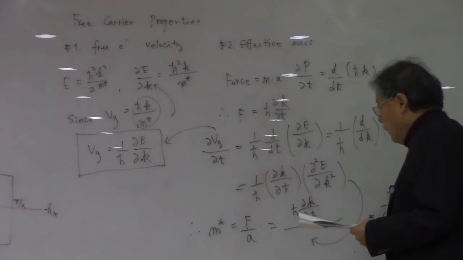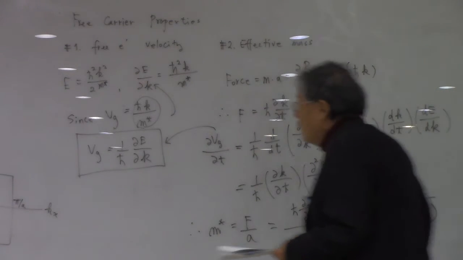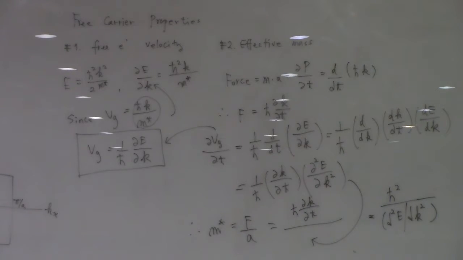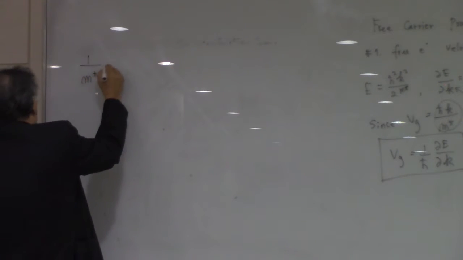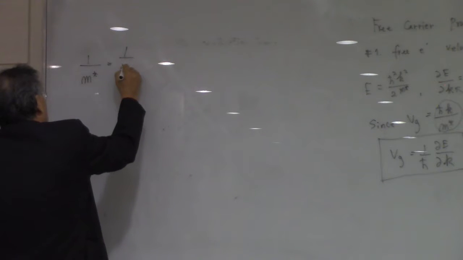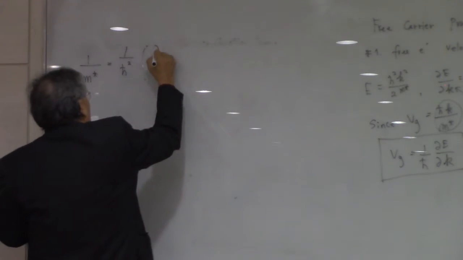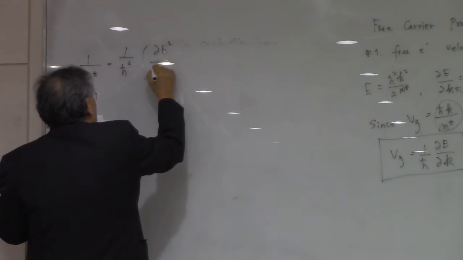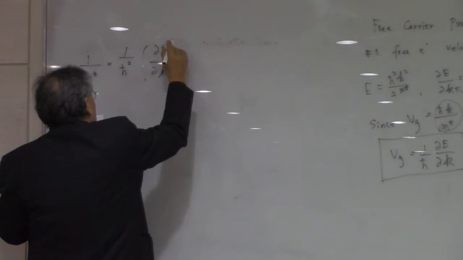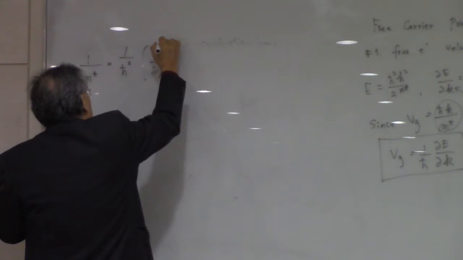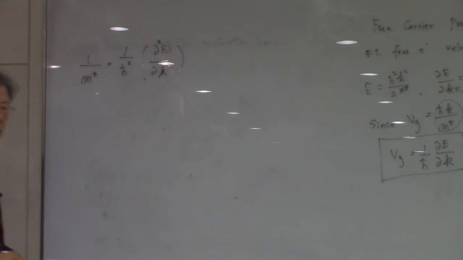So that is the effective mass. This is another expression. It is now going to be 1 over effective mass equals 1 over h bar squared times the second derivative of the E-K diagram.